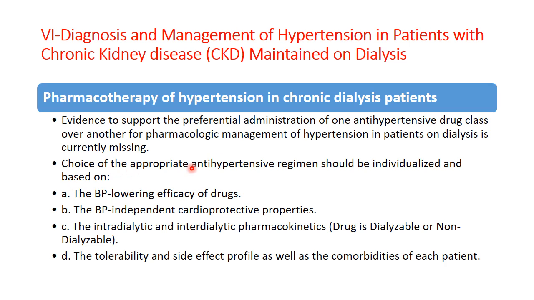The choice of the appropriate antihypertensive regimen should be individualized and based on the blood pressure lowering efficacy of the drugs, blood pressure independent cardioprotective properties, intradialytic and interdialytic pharmacokinetics, whether the drug is dialysable or non-dialysable, and finally the tolerability and the side effect profile as well as the comorbidities of each patient.